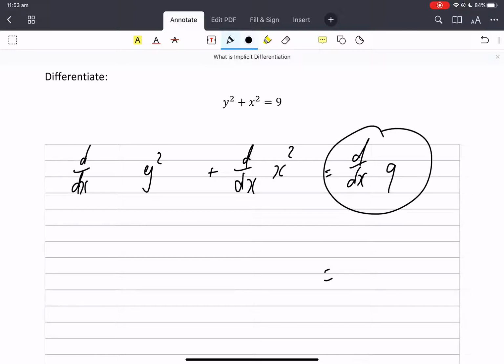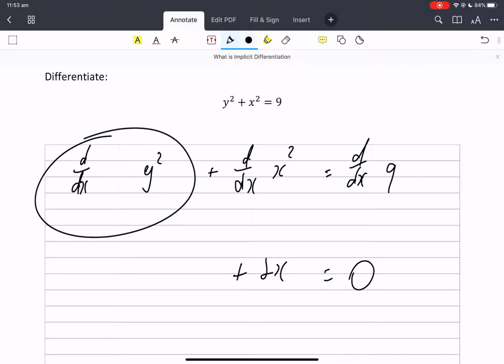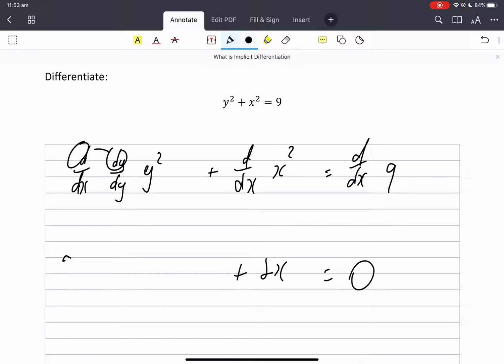That's easy. The derivative of a constant is 0. The derivative of x squared with respect to x is just 2x. In here we've got a bit of an issue. We've got to multiply by 1. We're going to swap those two over.